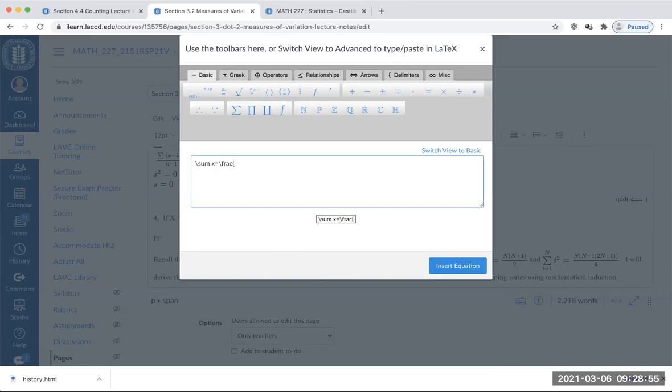I want to do it as a population. Sorry, just take me another second to write it in the notation I want.